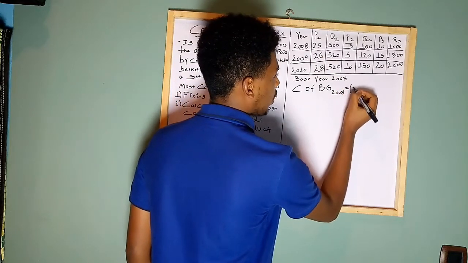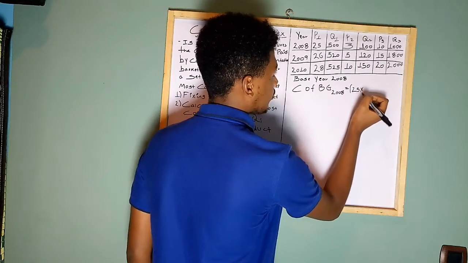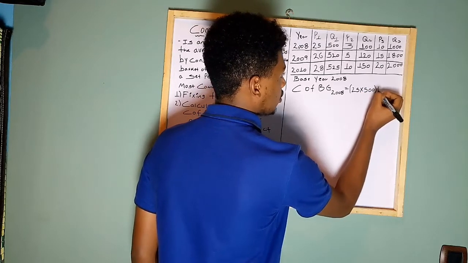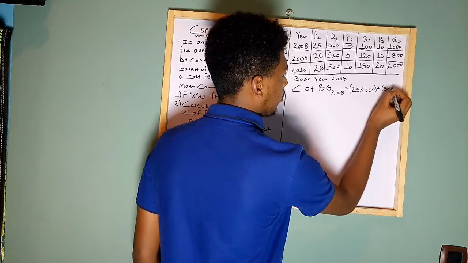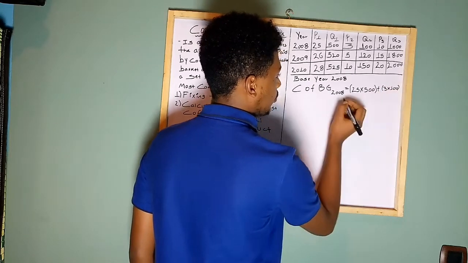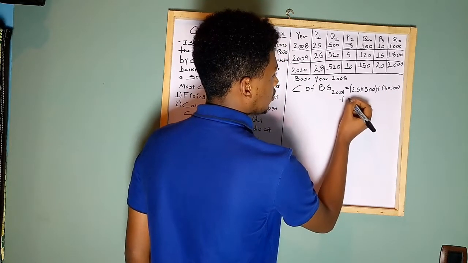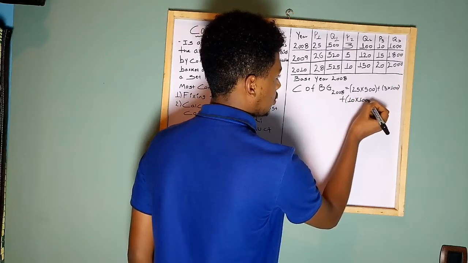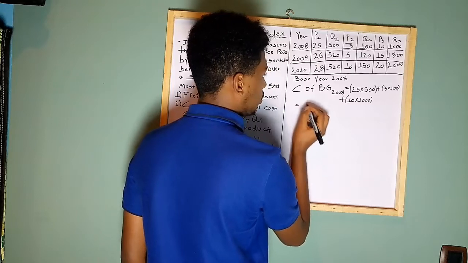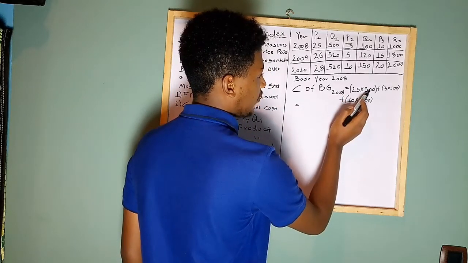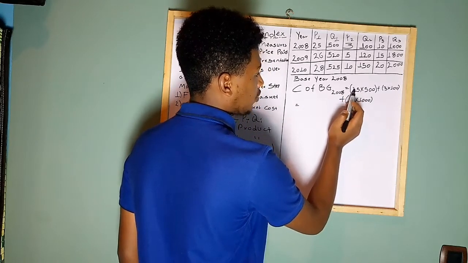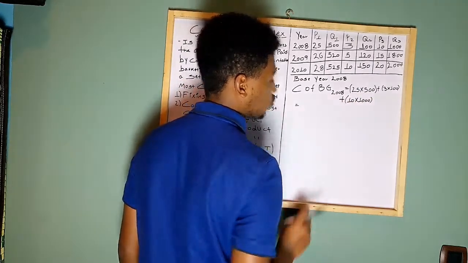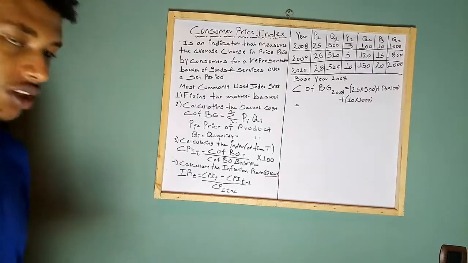So it is 25 multiplied by 500 plus 3 multiplied by 100 plus 10 multiplied by 1000. Therefore, the result will be 25 multiplied by 500. It is 25 multiplied by 5. Let's use a calculator.